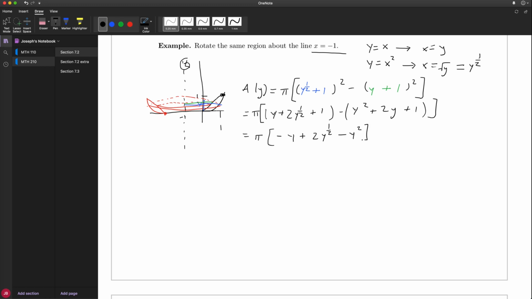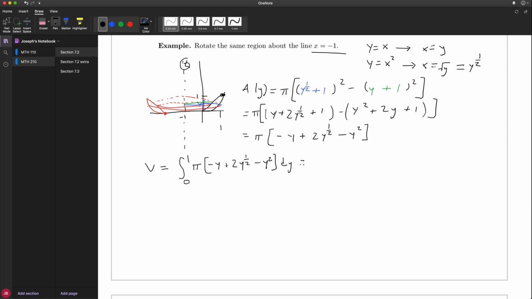Now to find the volume, we're going to integrate on the y bounds of the region. This is still 0 to 1, but for a different reason: it's the y bounds of the region. So the integral of A of y dy, minus y plus 2y to the 1/2 minus y squared dy.